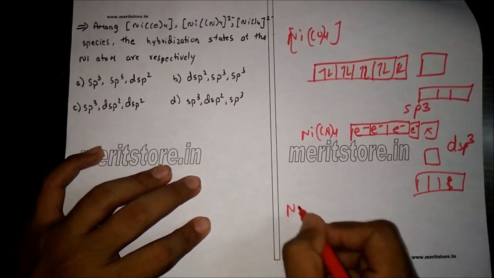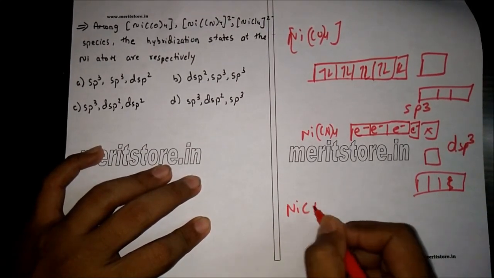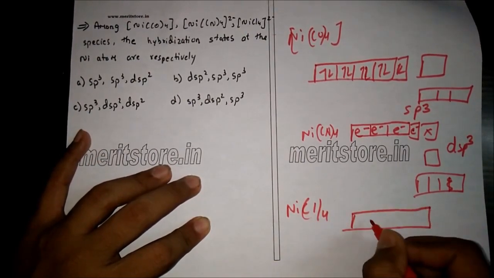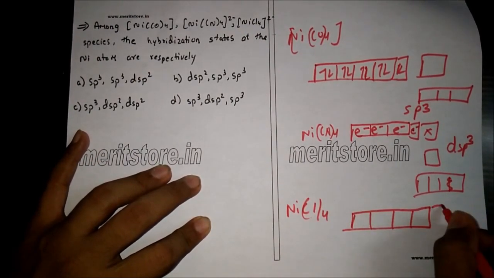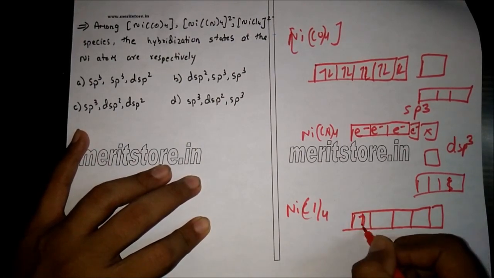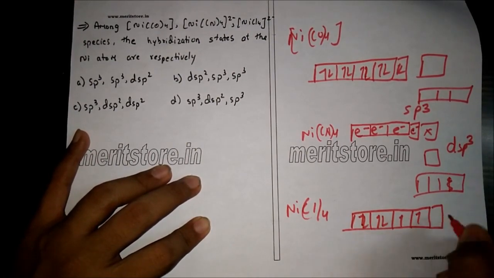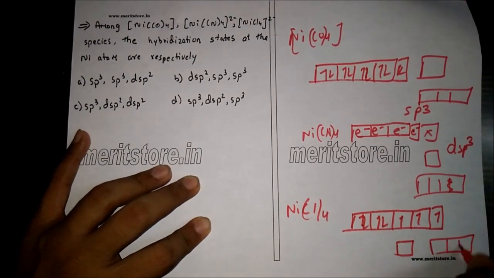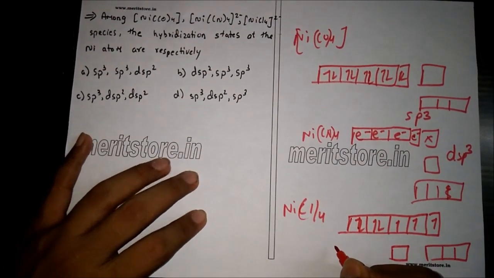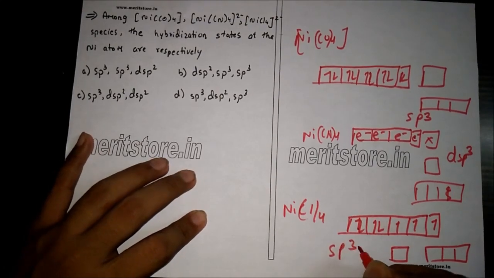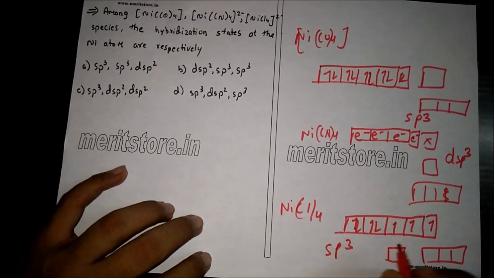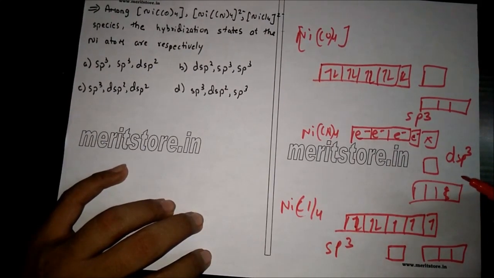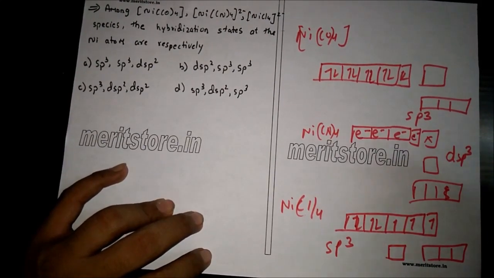And in [NiCl4]2-, since it is a weak field ligand, the electrons will not be paired, except the first and the second electrons. The three electrons won't be paired. However, there will be no electrons in the s and p3 orbitals, and therefore the hybridization will be sp3. Therefore, the hybridization states will be sp3, dsp2 and sp3 respectively, so the correct answer here will be option D.